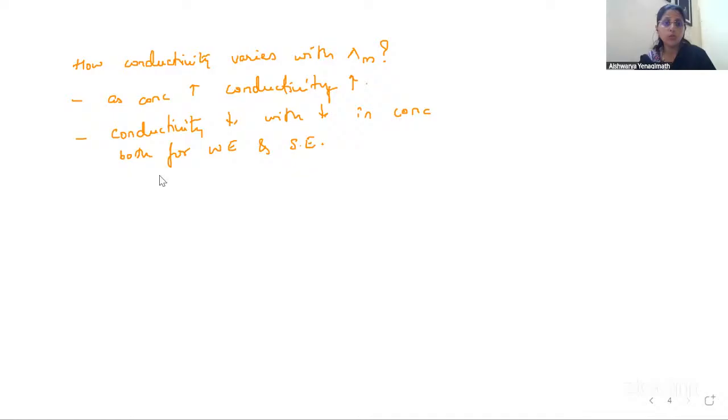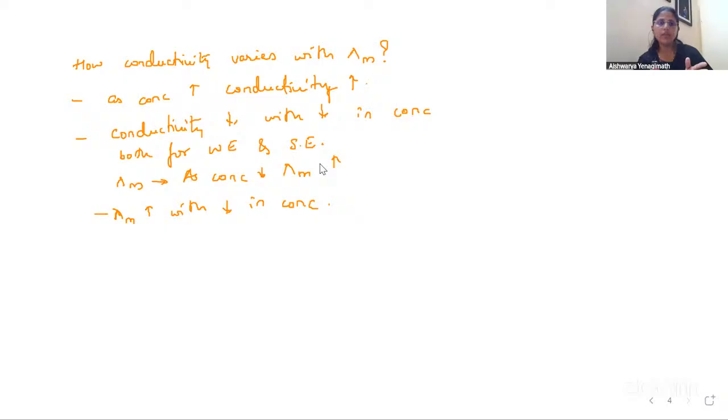But when I speak about molar conductivity, as concentration decreases, molar conductivity increases. Molar conductivity increases with decrease in concentration, and vice versa. So the question that arises in your mind, students, is that the variation of conductivity and molar conductivity, kappa and lambda m, with concentration is exactly opposite.